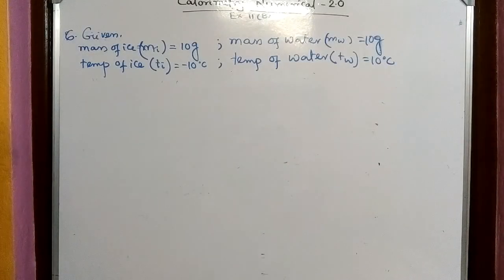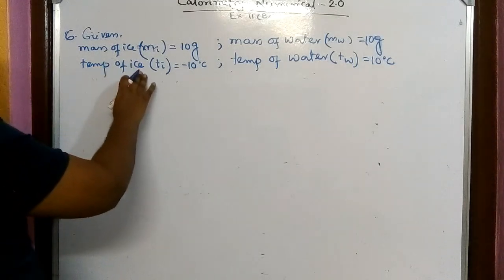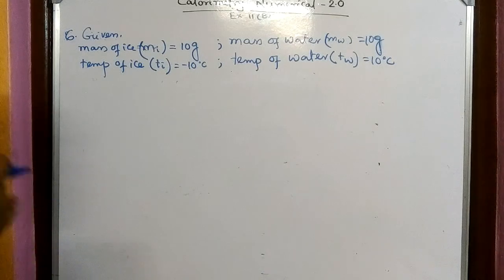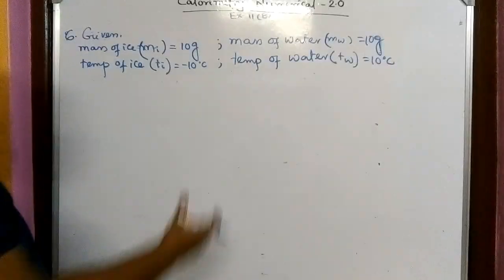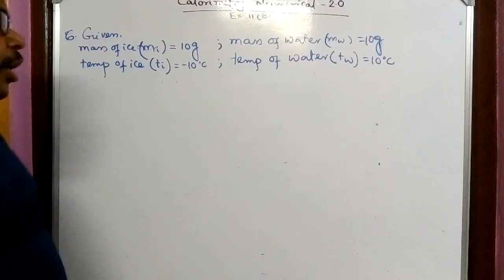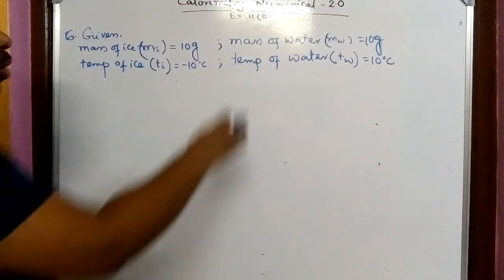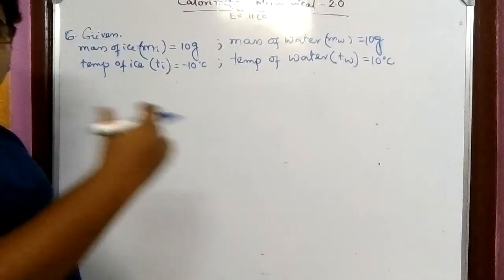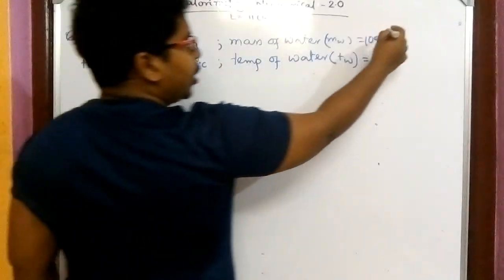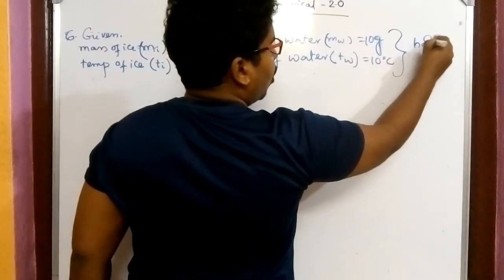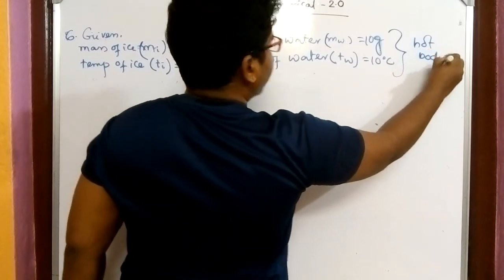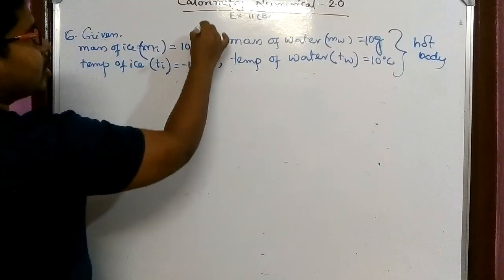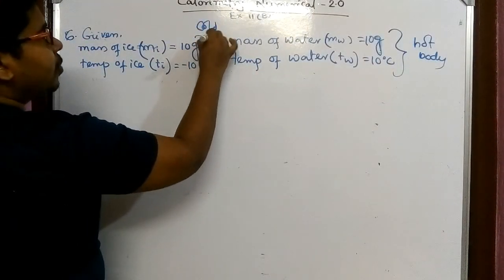These are mixed. So it is very clear that ice will take heat energy from the water, it will absorb heat energy, and the water will lose heat energy. So this is the hot body, and this is the cold body.